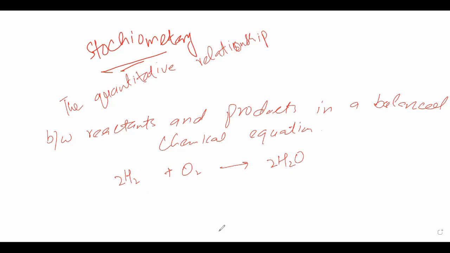From this equation, we know that 2 moles of hydrogen and 1 mole of oxygen react to form 2 moles of water. If someone says that you have 12 moles of hydrogen and excess of oxygen, oxygen is not limiting, it's not going to finish, we have an excess, so what will be the amount of moles of the water produced?